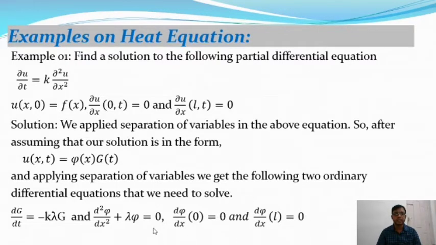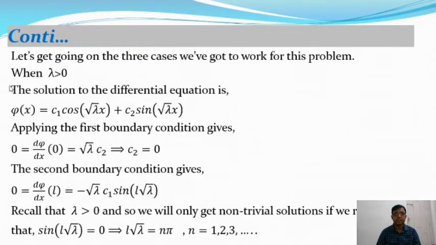Now we need to solve these two differential equations, first order and second order, with the conditions. The solutions depend on the nature of lambda. Let's work through the three cases for this problem. First of all, lambda is greater than 0. There are three different solutions of the given differential equation, that means phi of x.